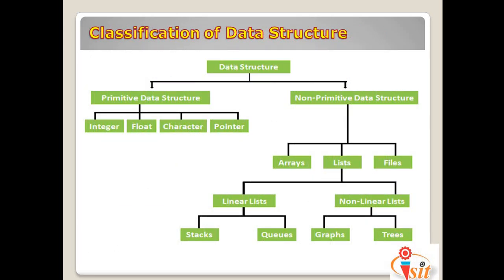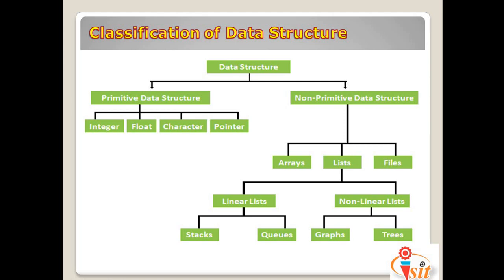The next important thing we need to discuss is the classification of data structures. The classification of data structures is normally divided into two broad categories: one is the primitive data structure and the second is the non-primitive data structure.